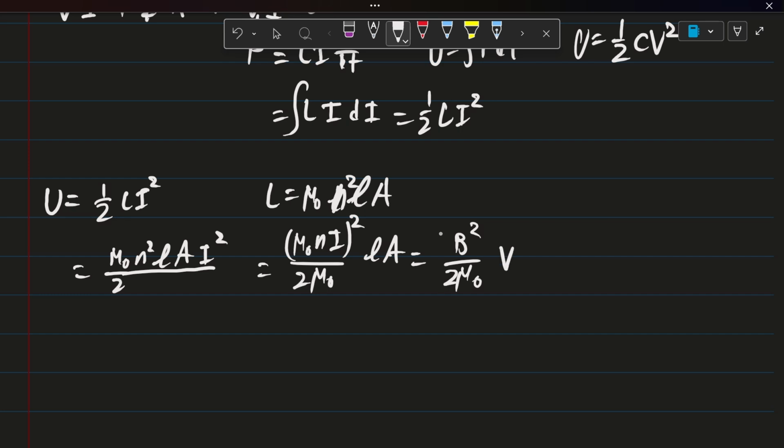So we could do something now. We could define the magnetic energy density to be B squared over 2 mu 0. This is the energy that is stored in a magnetic field. And then you could later do an integration over the volume to get the total magnetic energy.